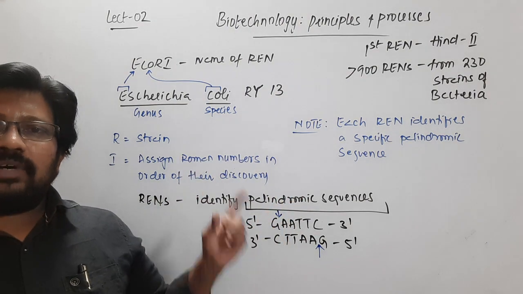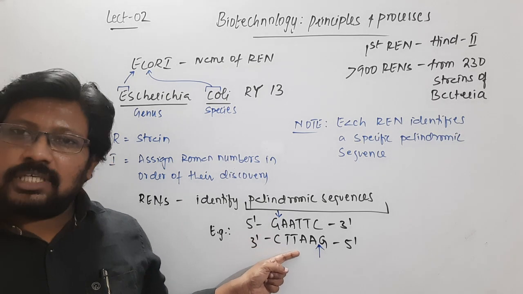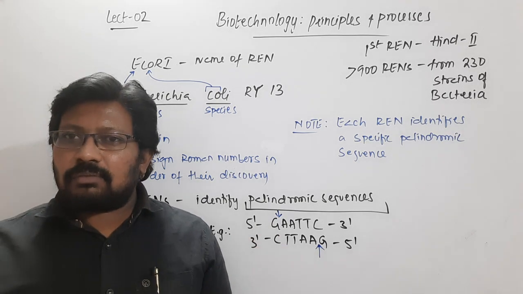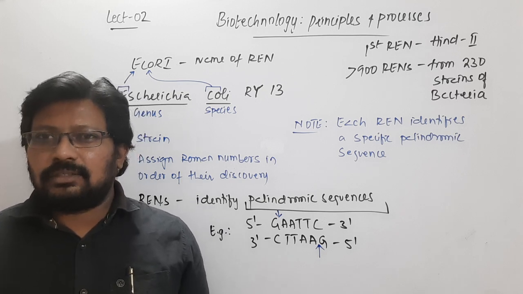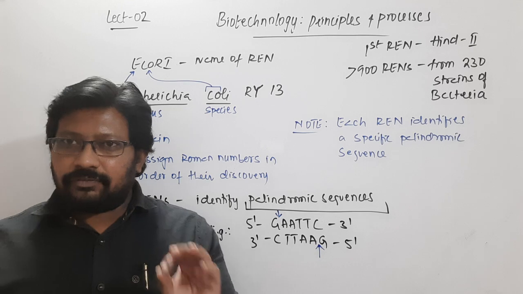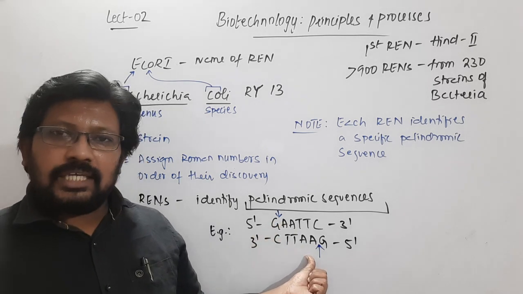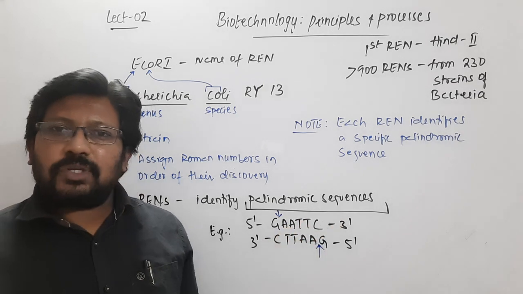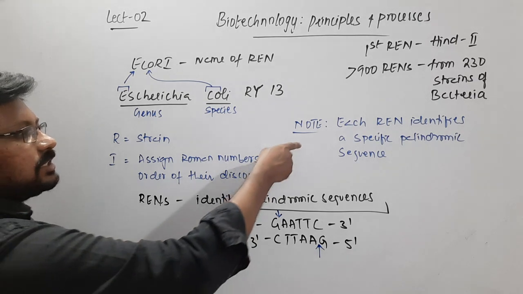If I use EcoRI, it will identify only this sequence. If that sequence is not present within the DNA molecule, it's not going to do anything. If it is present, then definitely it will cut between the G and A, thereby separating the DNA molecule. I hope that's clear.